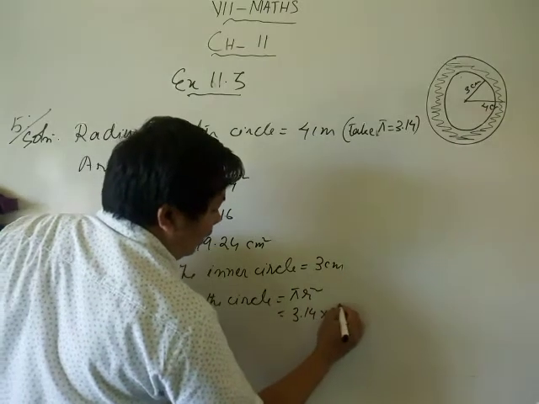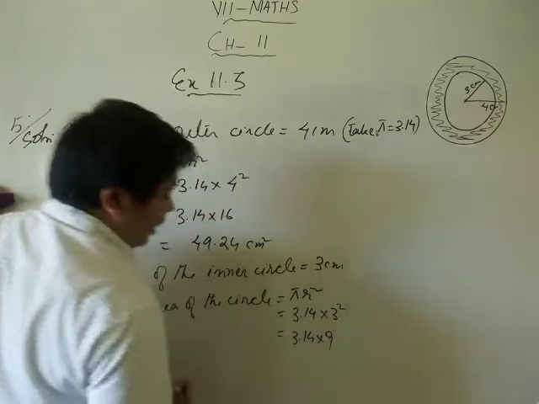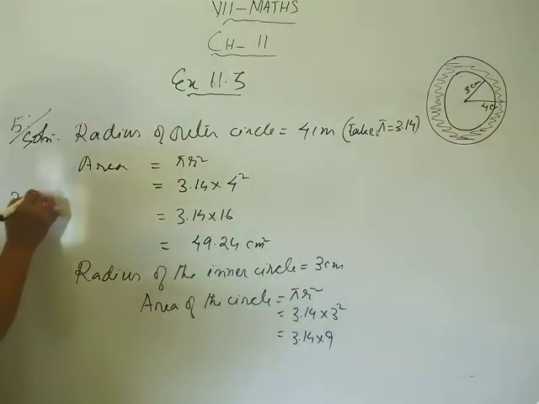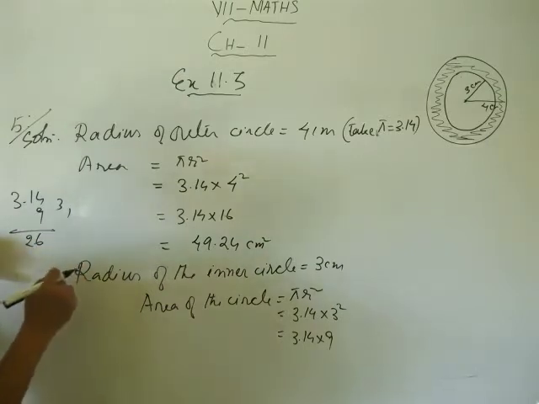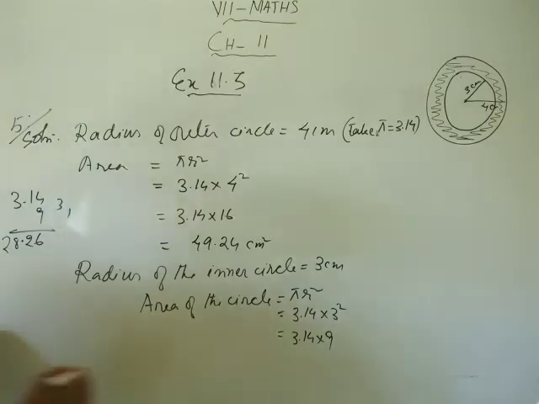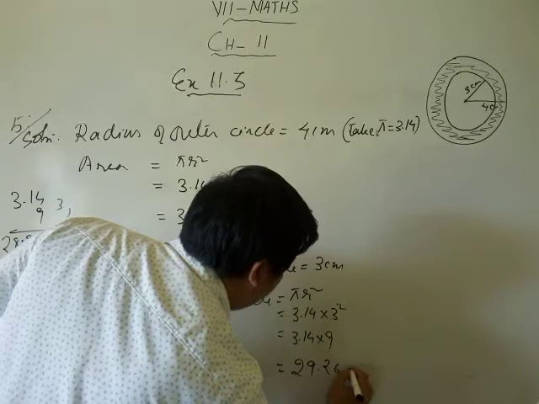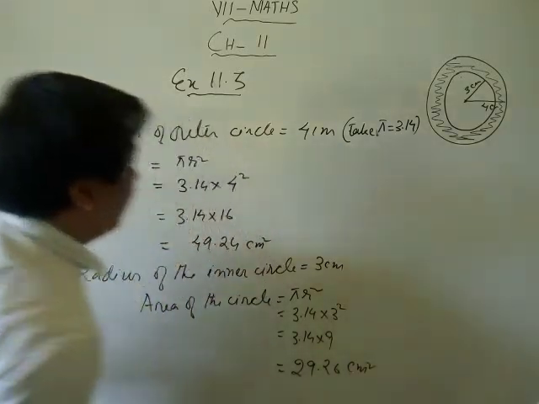So 3 square means 3.14 into 9. So that 3.14 we have to multiply with 9. So we got here 28.26 centimeter square.